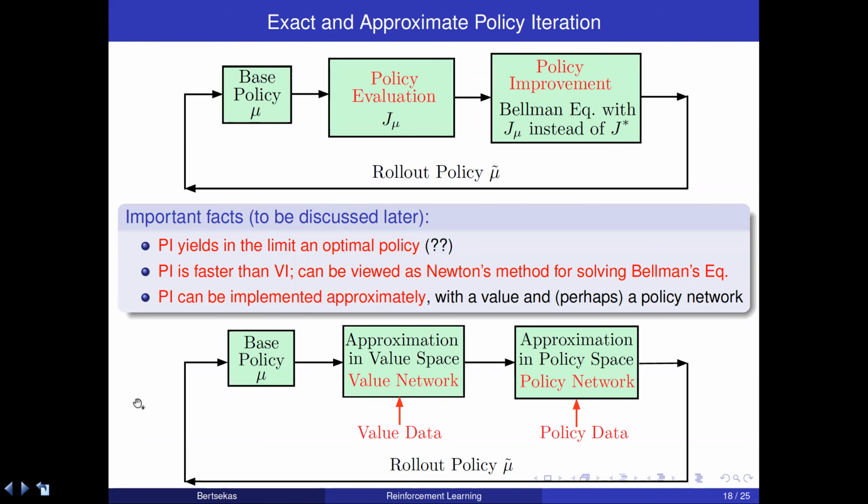I have a question. Is there maybe some heuristic method of choosing intelligently an initial base policy so that you can help yourself converge even faster? Or is it really just you pick an arbitrary base policy? Yeah, basically you pick as a starting policy the best one you have, the best one you can.